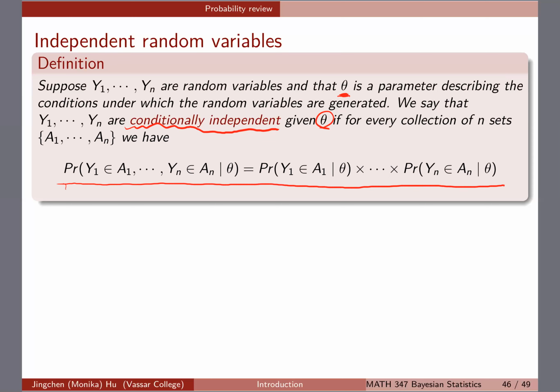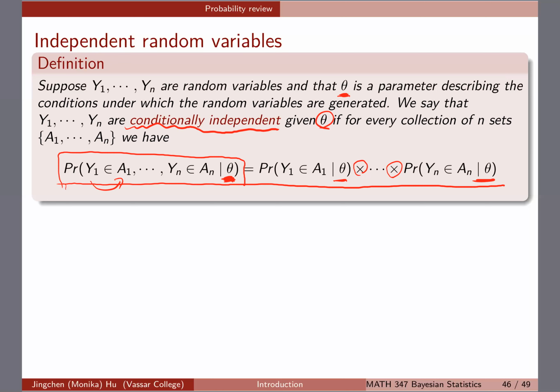The independence comes into play when you see that on the left-hand side we're considering the joint distribution of y1 to yn, with each y falling into a particular set. When they're conditionally independent given theta, you see that theta is always written after the conditional sign, on both the left-hand side and the right-hand side.